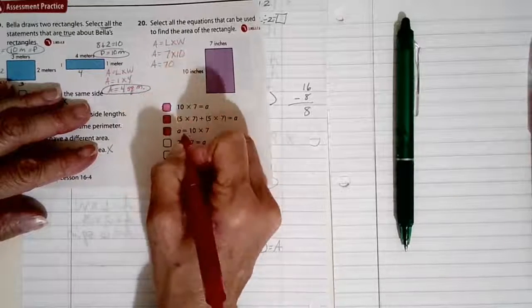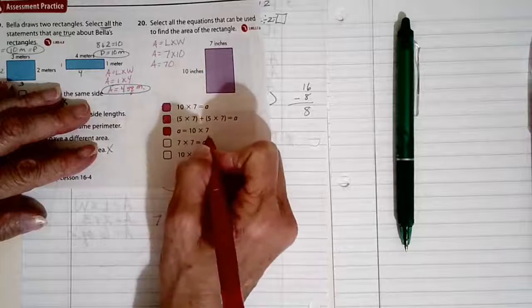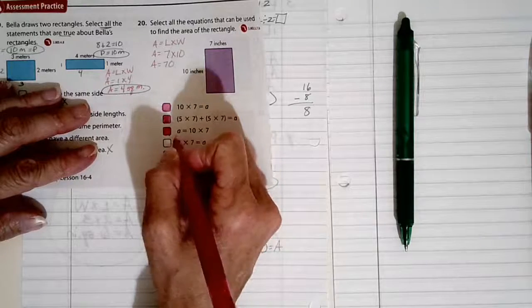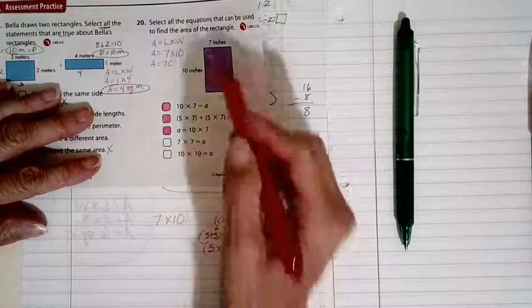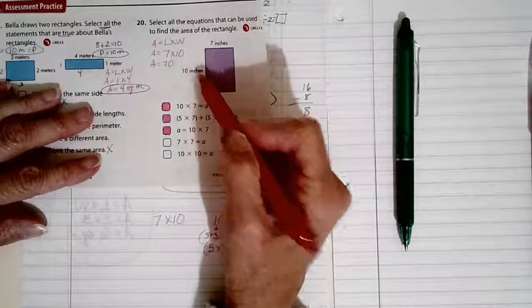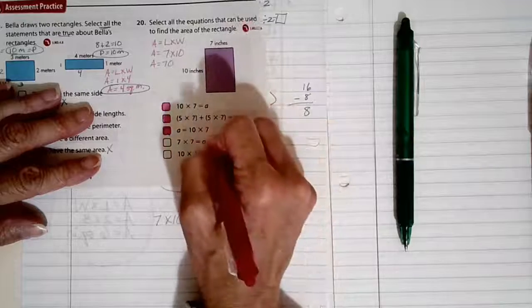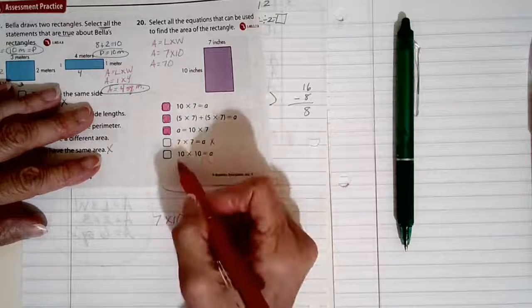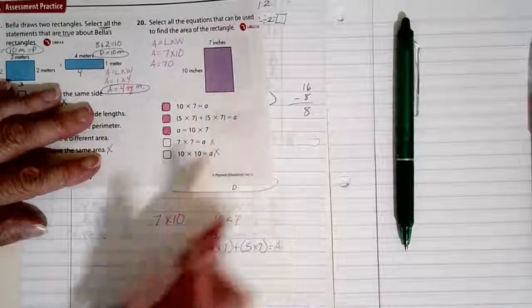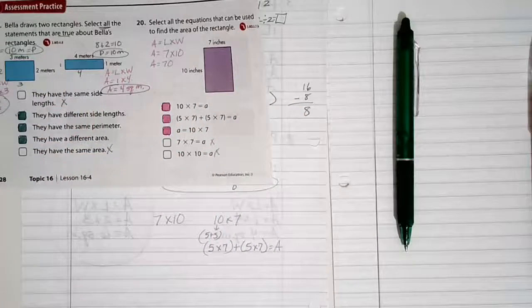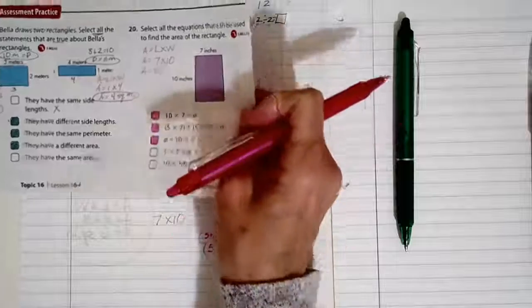Because the equal sign just represents that what's on this side is equal to what's on that side. Now let's take a look at this one. 7 times 7. Is the other side length 7? No, this one is not a true statement. And how about 10 times 10? Are both of those 10? No, it is not. So our correct answers would be just those 3.